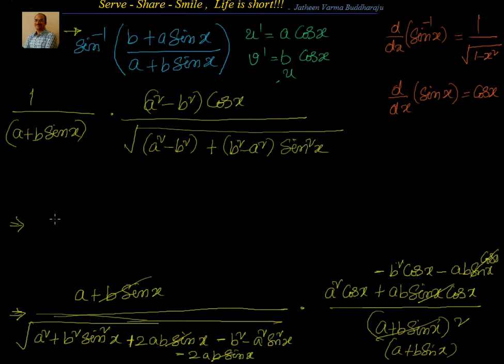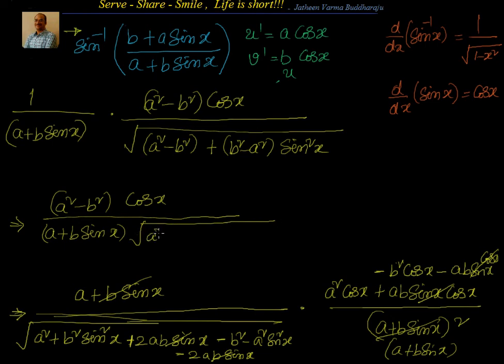Can I write it as a square minus b square into cos x divided by a plus b sin x, multiplied with square root of a square minus b square minus a square minus b square of sin square x? Why am I writing that? Because 1 minus sin square x is cos square x, and I can simplify it there.